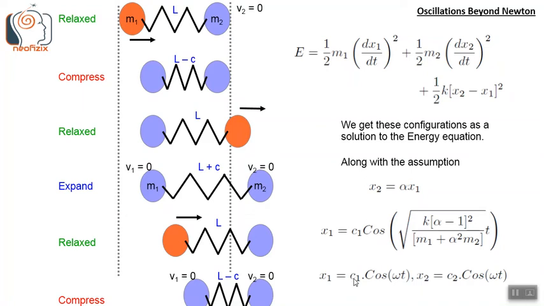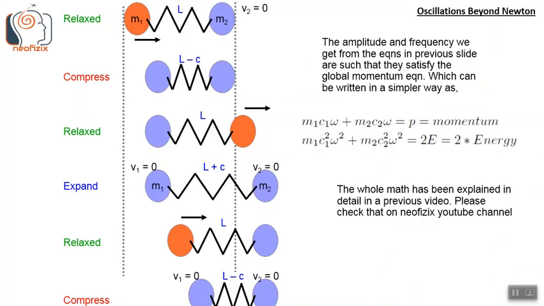So in any case we get these sinusoidal solutions as shown here. So x1 oscillates with some amplitude c1 and x2 oscillates with some amplitude c2, and they have a common frequency omega. The amplitude and frequency we get from the equations in the previous slide are such that they satisfy the global momentum equation, which can be written in a simpler way as m1 c1 omega plus m2 c2 omega equals p, where p is the momentum.